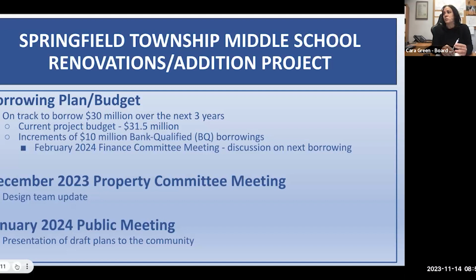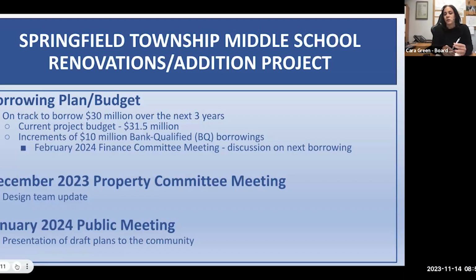Jamie Doyle and her team will be there to talk about the resolutions we need to do, the timeline, the approval from the board to do our $10 million bank qualified borrowing, which will be going towards the middle school renovations and addition project. In December, there will be a property committee meeting where there will be a design team update on where we've gotten to so far on this project.